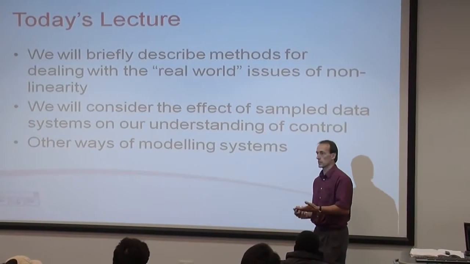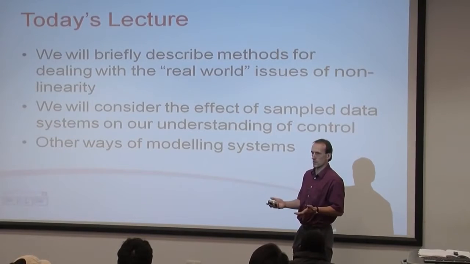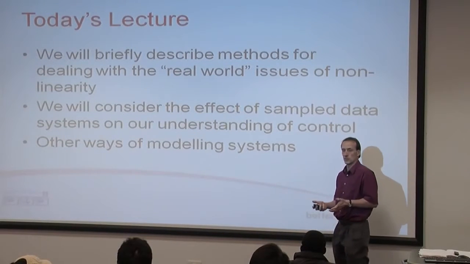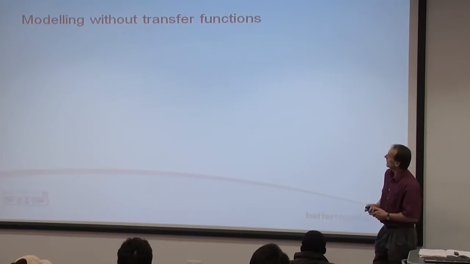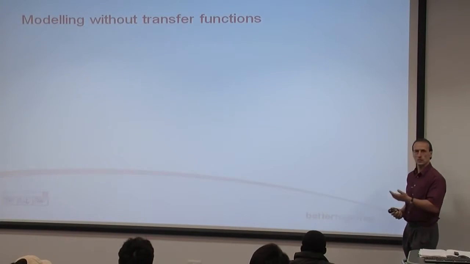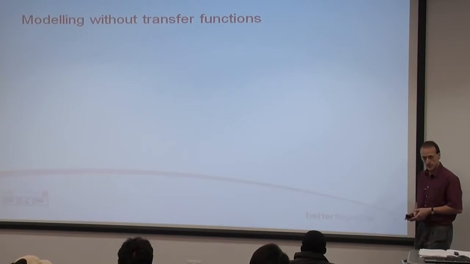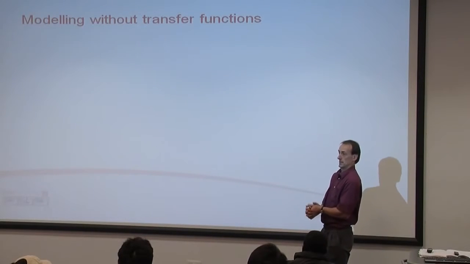All we've done so far really is we've taken a transfer function, which is, to all intents and purposes, a high order differential equation, just rearranged a bit. And we look at some different ways of modeling systems. And on the bottom line of that, what it should say is we'd look at nonlinearities. Because everything we've looked at so far, we've assumed that our systems are all linear.